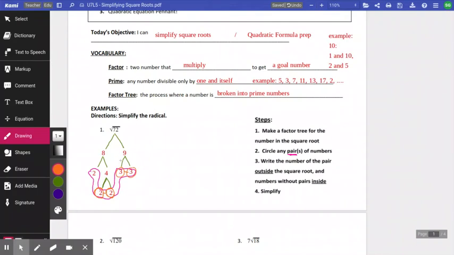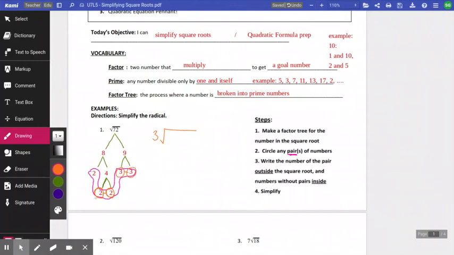When we go to simplify the square root, what we are going to do is if there are a pair, the pairs are going to go outside the square root. Any numbers by themselves will go inside your square root. So notice I have one pair of 3s, so I'm going to put 1 3 outside my square root. It's 1 3 for one pair, so not 2 3s, just 1.